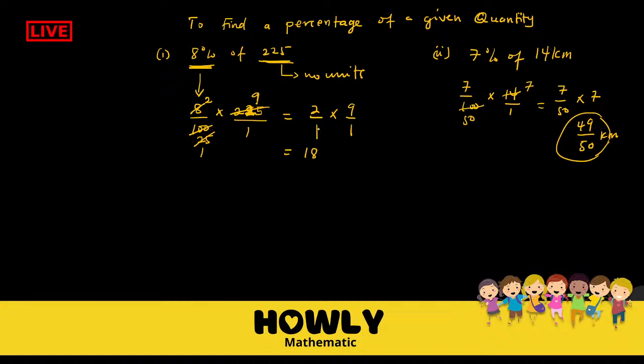So basically that is it for changing or finding the percent quantity, finding a percent. Your trial basically 1, find 20 times.